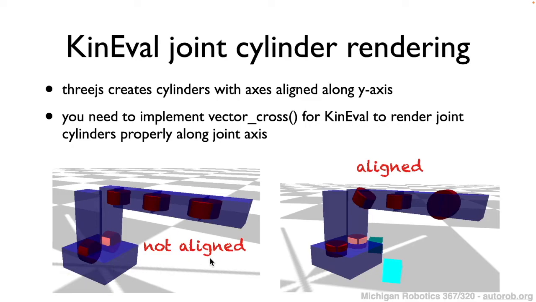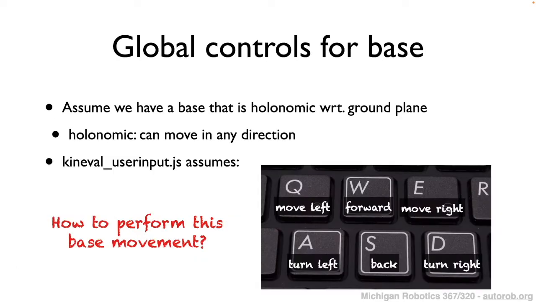If vector cross is not implemented correctly, you'll notice very quickly that the joints do not align with their correct axis of rotation, or prismatic action in the case of prismatic joints. So this is important to think about when implementing those functions.